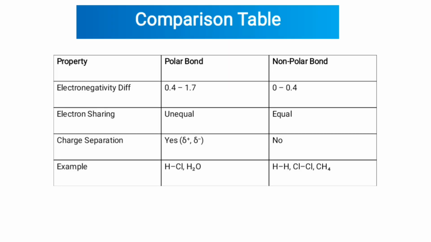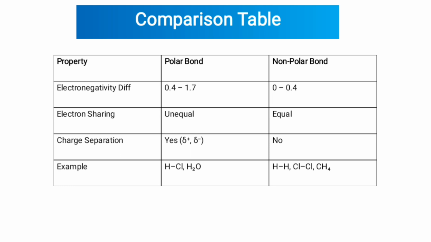Now, a comparison table of polar bond and non-polar bond. Property: electronegativity difference. In a polar bond, the electronegativity difference is 0.4 to 1.7, while in a non-polar bond it is from 0 to 0.4. Electron sharing: in a polar bond, sharing of electrons is unequal, while in a non-polar bond, sharing of electrons is equal.